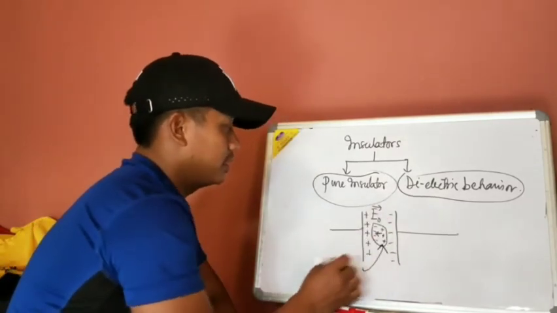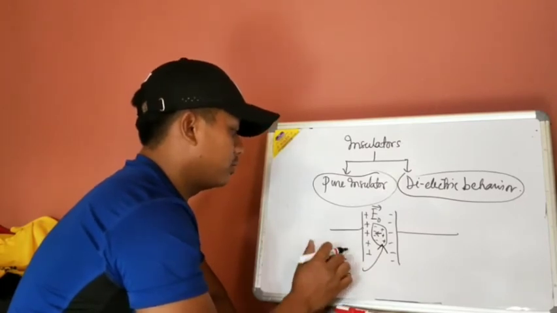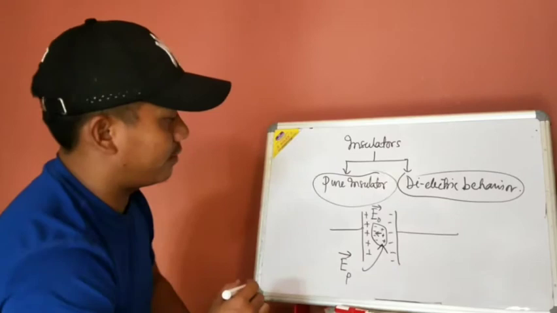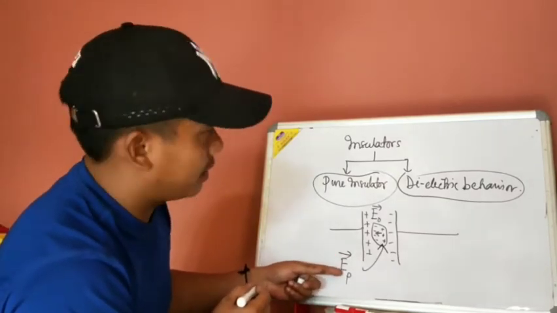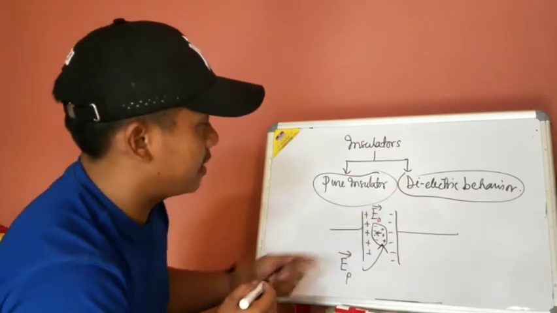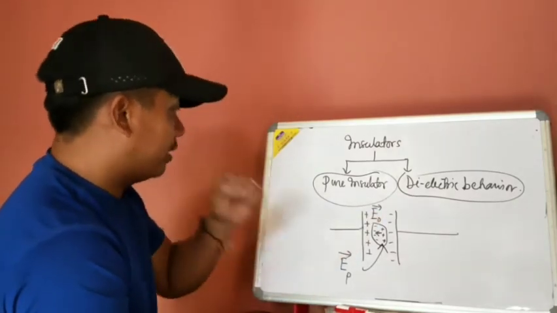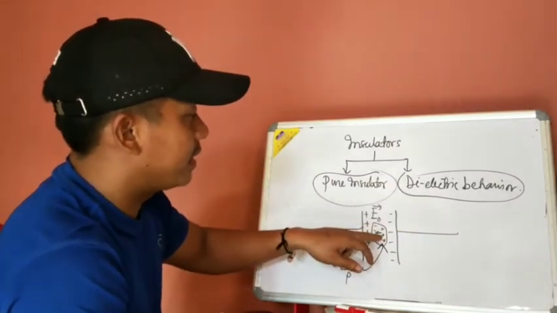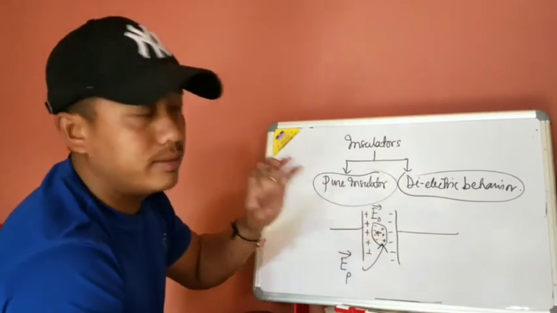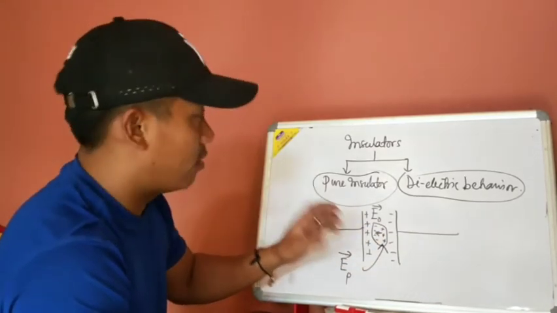This is denoted by EP vector, the polarized electric field or induced electric field. EP is the induced electric field, E naught is the external electric field applied. Under this condition, the dielectric substance kept here will behave like a metal or conductor.